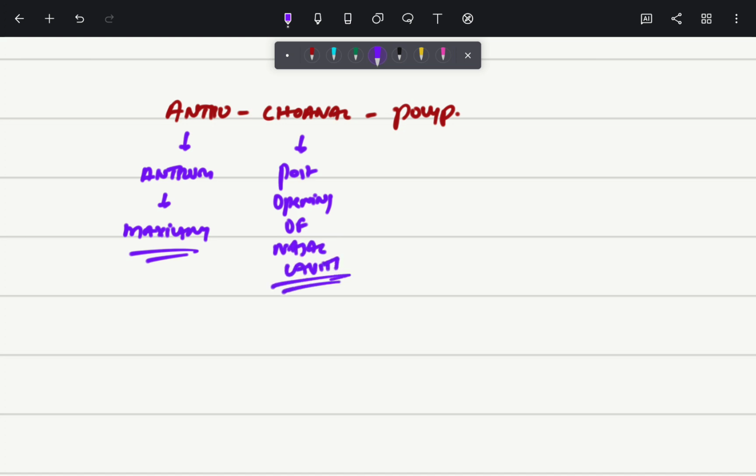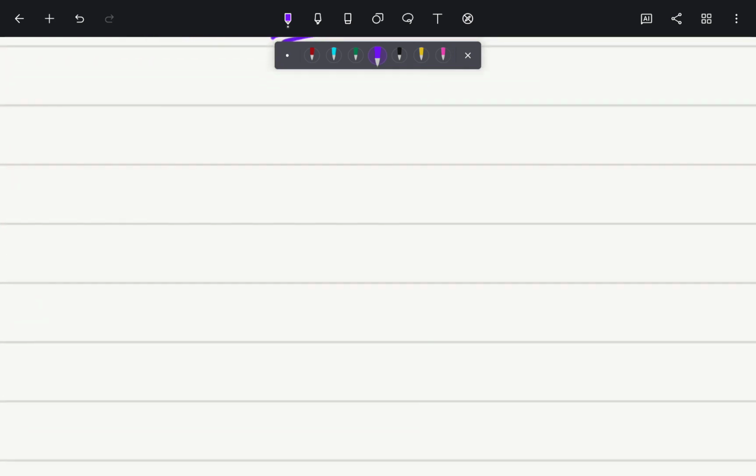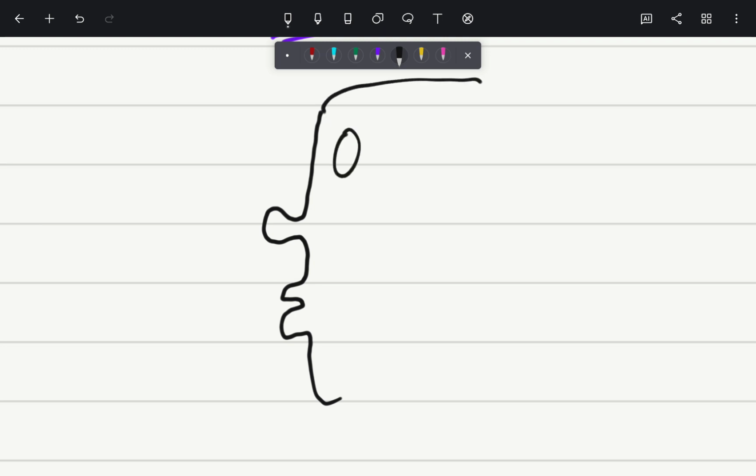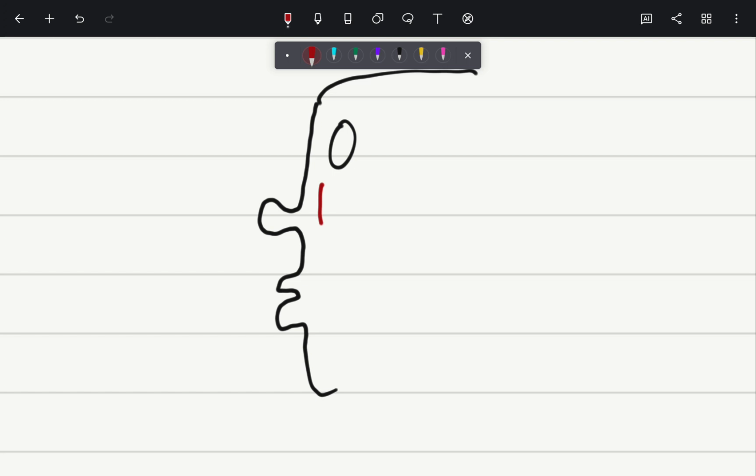Don't worry, I will draw the diagram so you can understand. So imagine this is the face of the patient, this is the nose, these are the lips, this is the eyeball. The maxillary sinus is a sinus which is present below your cheeks. So this is the maxillary sinus.